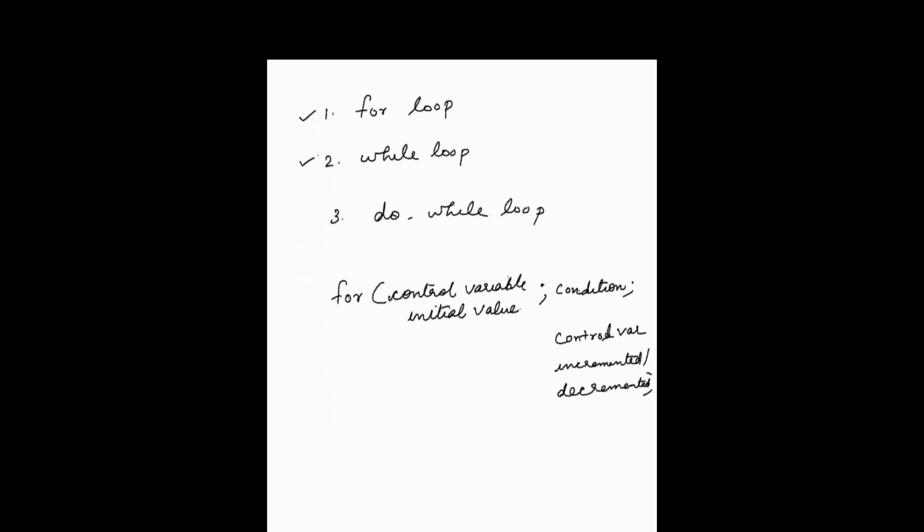First thing, a control variable with the initial value. Then you will write a condition for how long the for loop should execute. See, if you're not writing a condition, what will happen? It will keep on executing and the loop is never ending. So your program is going in an infinite loop. So the program is not ending. That's not a good thing, right?